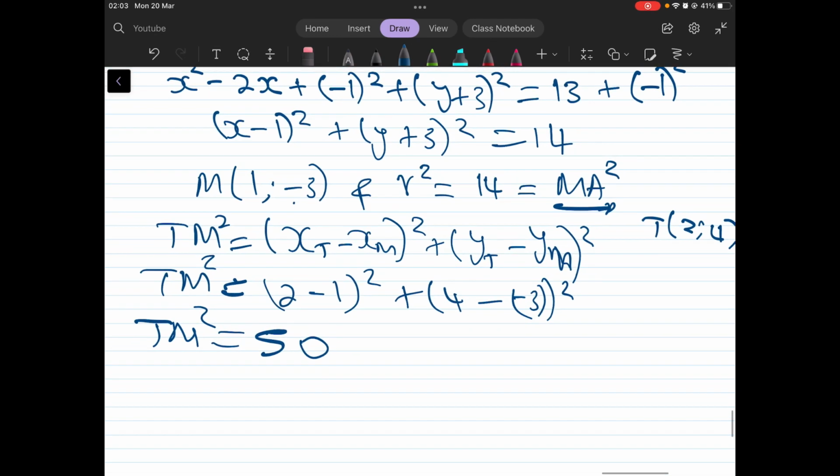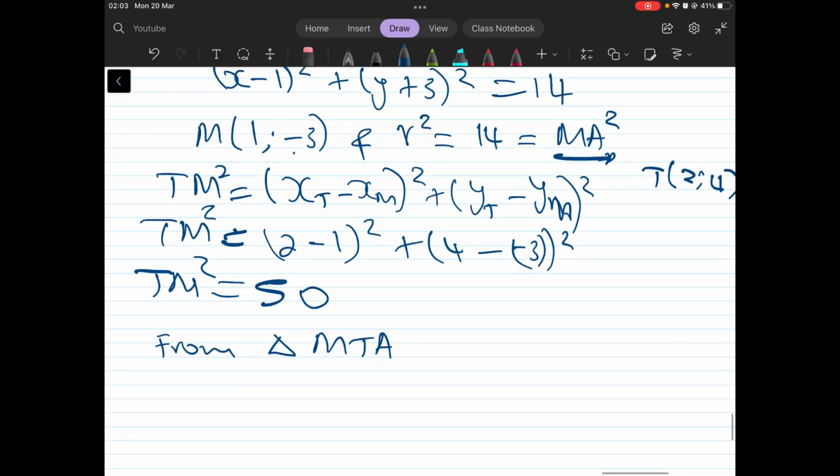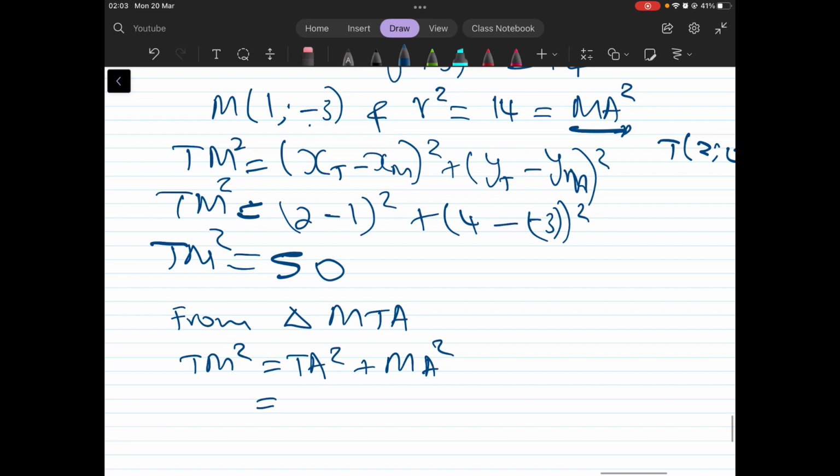Now that we know what our TM squared is, we can remember that from triangle MTA, TM squared equals TA squared plus MA squared. We know that MA squared is 14, and TM squared is 50.